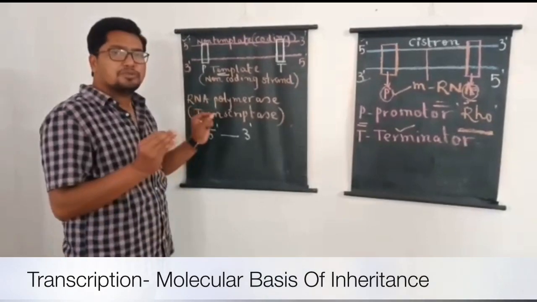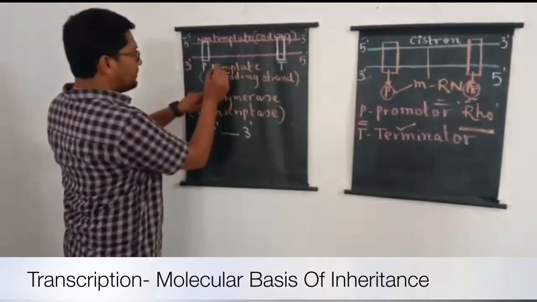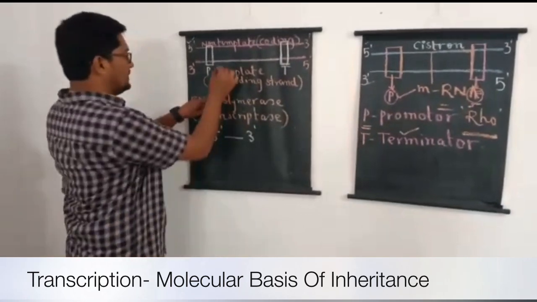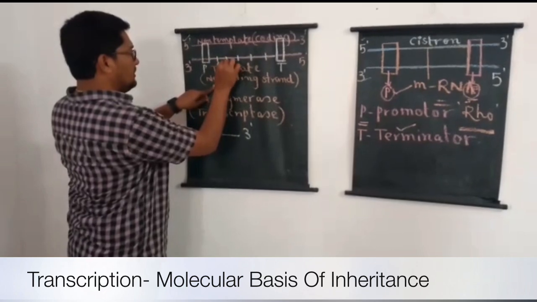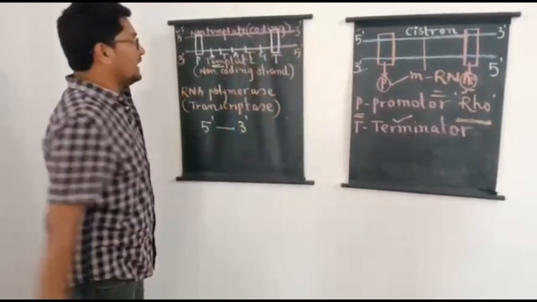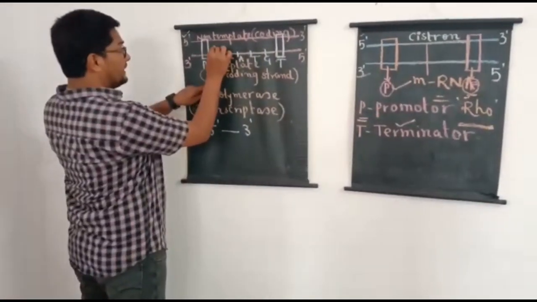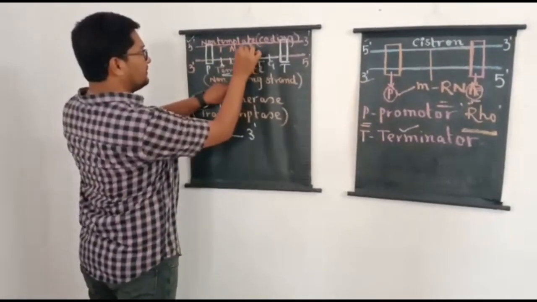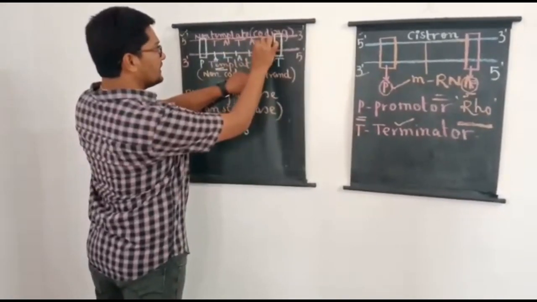Here many students get a doubt. Why do we call it like this? It is very clear. Let me consider this strand, the 3' to 5' strand, acting as template, right? Now, on the 3' to 5' strand, the nucleotide sequence is like this, A T, and what is the complementary sequence for this? Adenine always pairs with thymine, thymine pairs with adenine, once again thymine, adenine, guanine pairs with cytosine.